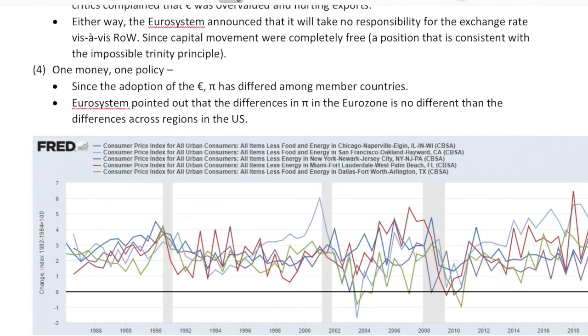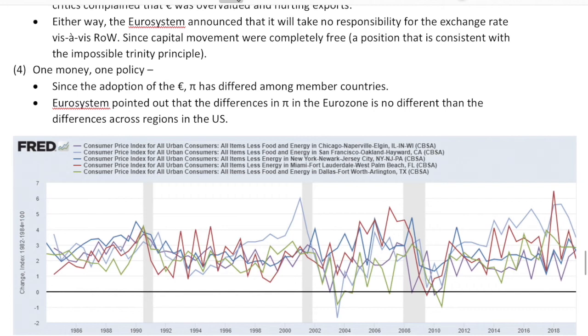So here's a chart that I created to make this point. It looks at the consumer price index for various big cities or metropolitan statistical areas in the U.S. This contains charts for Chicago, San Francisco, New York, Miami, and the Dallas-Fort Worth area. Okay, so as you can see, inflation is all over the place.